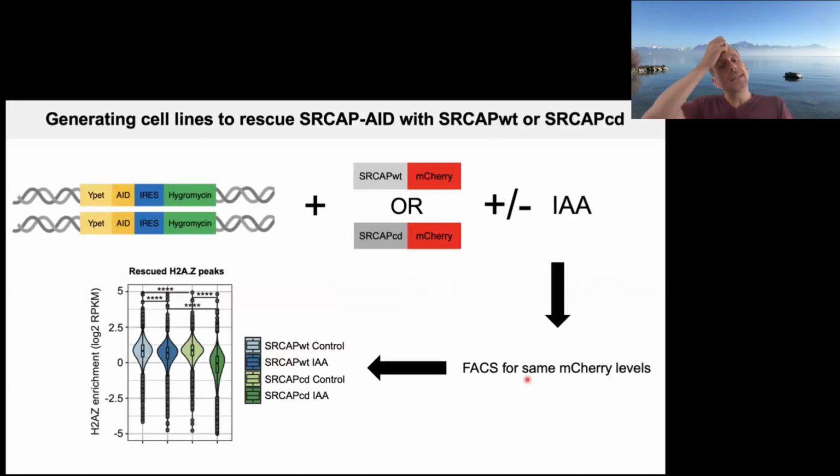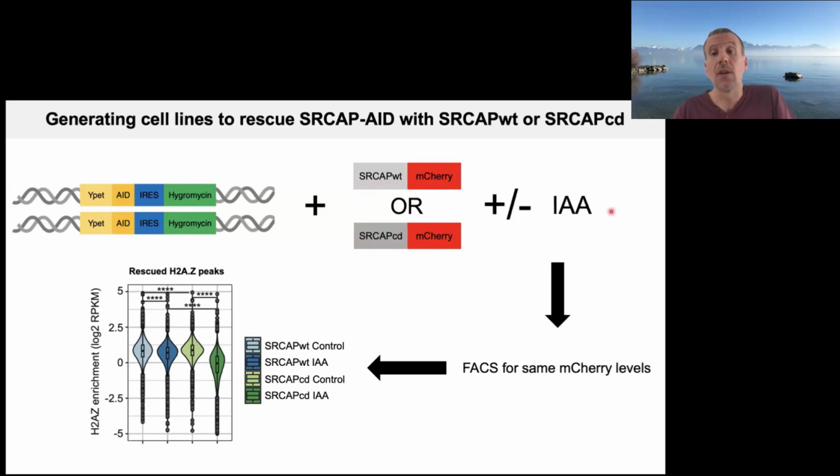The way we implemented this mutant is to basically start with our SIAD cell line that allows degradation of SRCAP. And then in this cell line, we either express the wild-type version of SRCAP tagged with mCherry, or in another subcell line, the catalytically dead version of SRCAP also fused to mCherry.